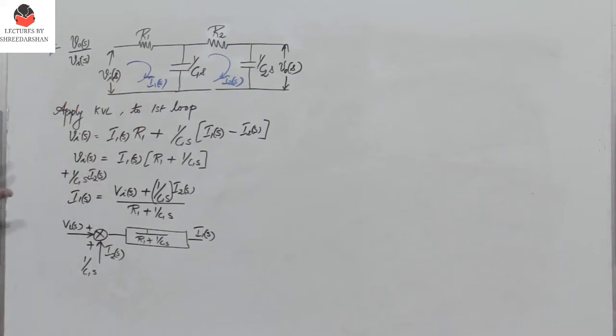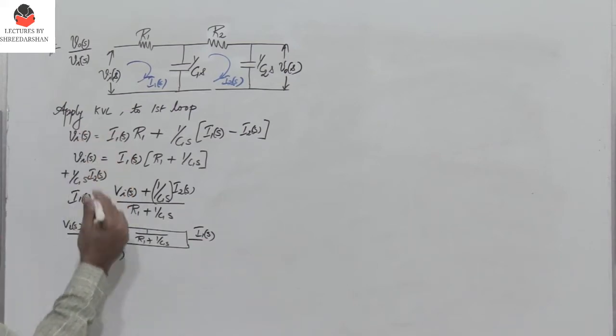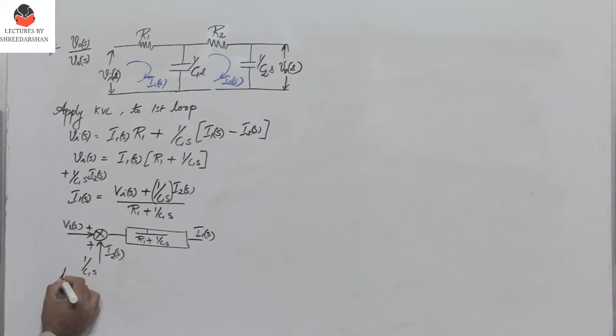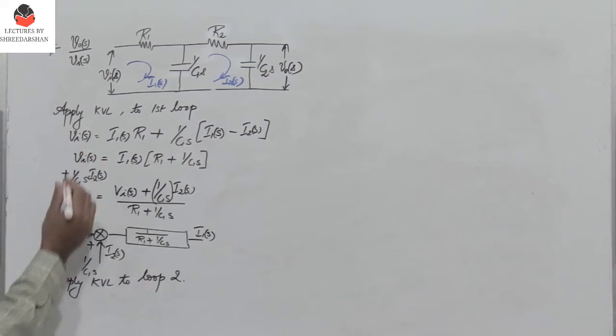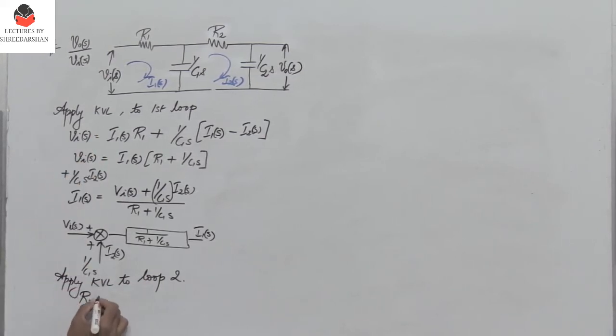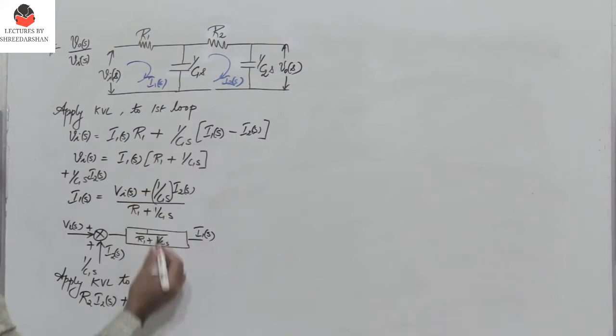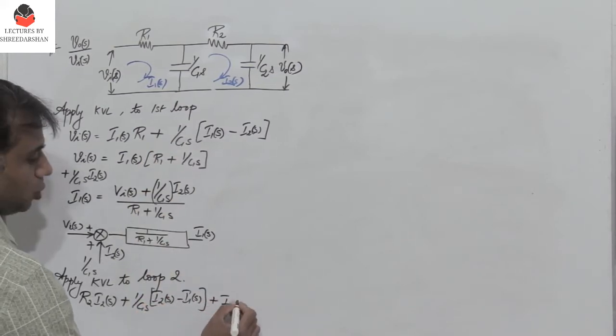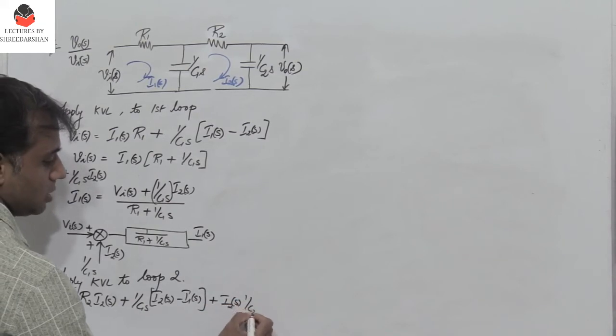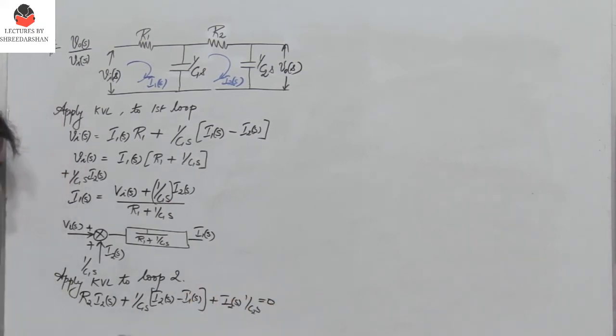So this is the partial block diagram that I get for the KVL applied to the first loop. Now when I apply KVL to the second loop, what happens? We get R2 into I2 of s plus 1 by C1s into I2 of s minus I1 of s, plus I2 of s into 1 by C2s equal to 0.